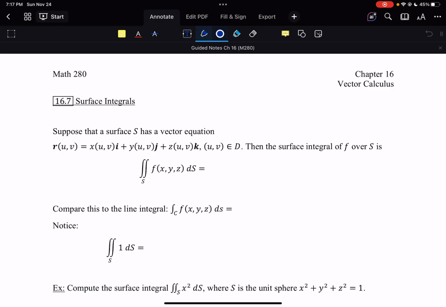So suppose we have a surface S with a vector equation r of u, v given here, with u and v in the domain D. The surface integral of f over S, so it looks like the double integral symbol, of f of x, y, z dS is equal to the double integral over D of f of r of u, v times the magnitude of r_u cross r_v dA.